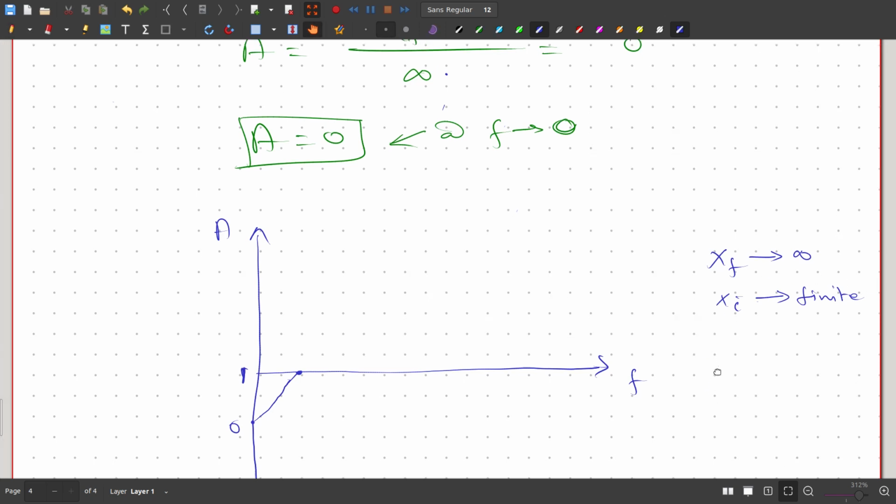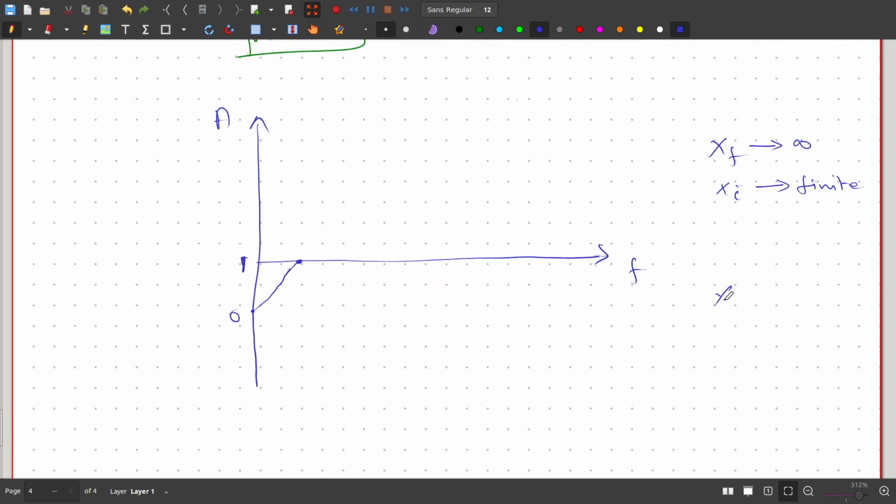This is because, if we take Xf equal to 1 by 2 pi f Cf, and Xi equals 1 by 2 pi f Ci. This is the input capacitance, and this is the capacitance of the feedback capacitor.